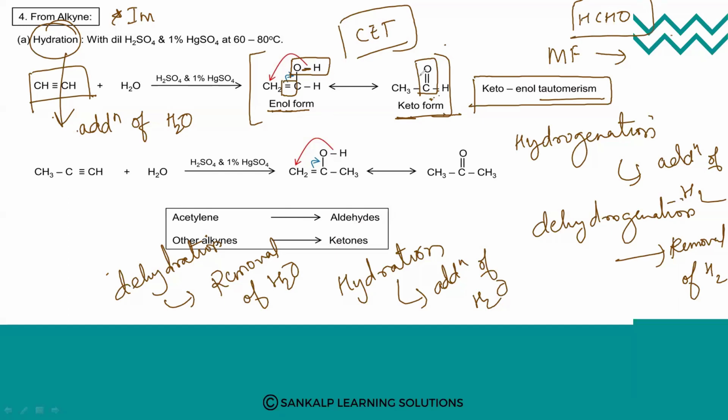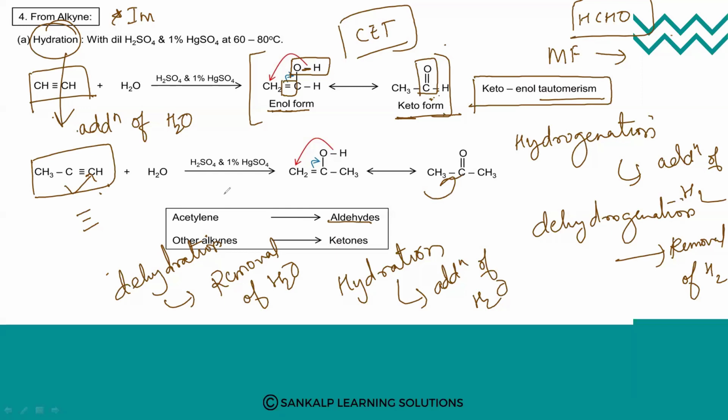Here one more example is given. Whenever we take acetylene, only acetylene, you will get an aldehyde. Other than acetylene, if you take any other alkyne, that is, a molecule with a triple bond, then you will get a ketone.